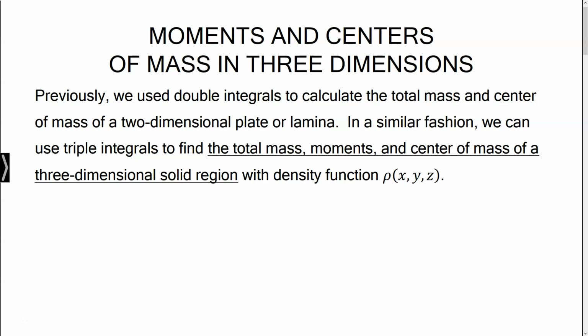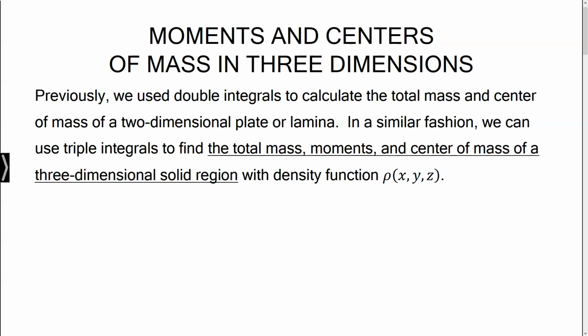So we're going to return now to this problem of calculating total mass, moments, and center of mass, except we're going to up the number of dimensions by 1 now. So instead of looking at a 2-dimensional plate or lamina, we're going to look at calculating the mass, the moments, and the center of mass over a 3-dimensional solid region given a density function of 3 variables.